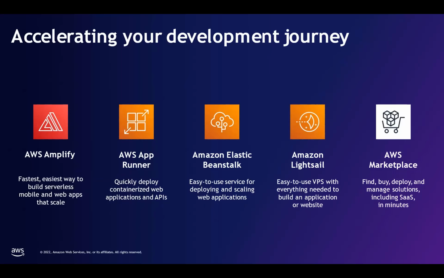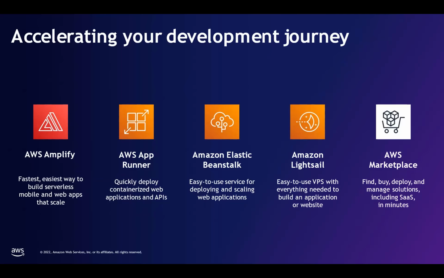Once you are on the AWS platform and you want to accelerate your development journey, there are different tools available for it. For example, AWS Amplify is a very easy way to build serverless mobile and web apps. Then there is AWS App Runner, Amazon Elastic Beanstalk, and Amazon Lightsail, which offer different features.